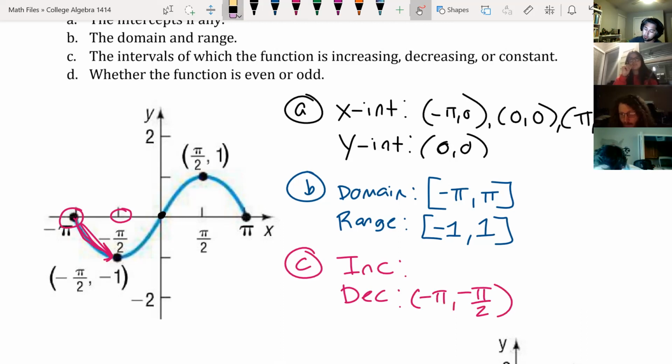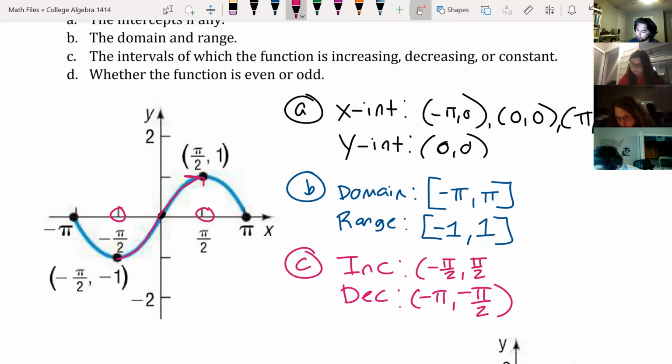Then start over at negative pi over 2. From negative pi over 2 to pi over 2, the function starts to what? Increase. So from negative pi over 2 to pi over 2, we increase. And then start over one more time at pi over 2.